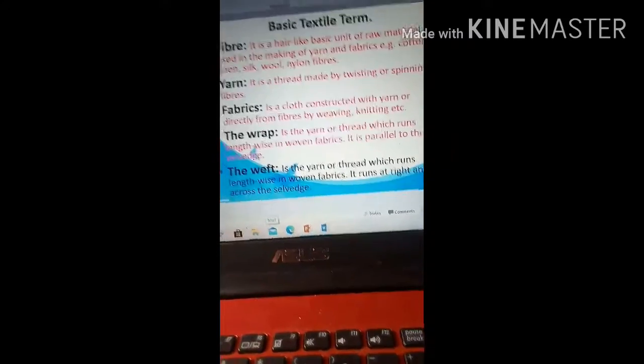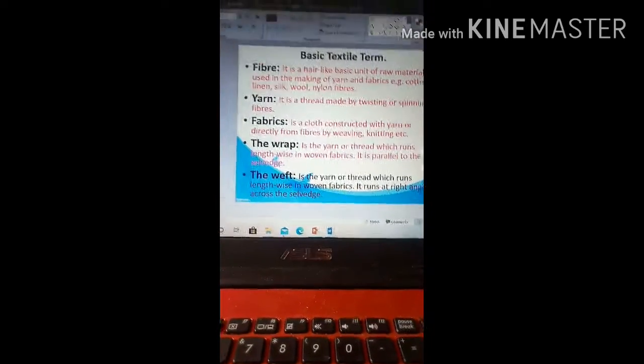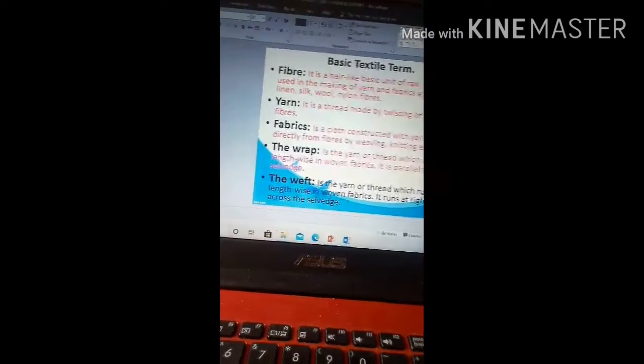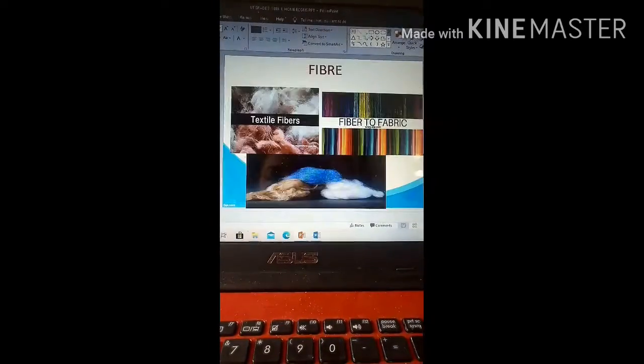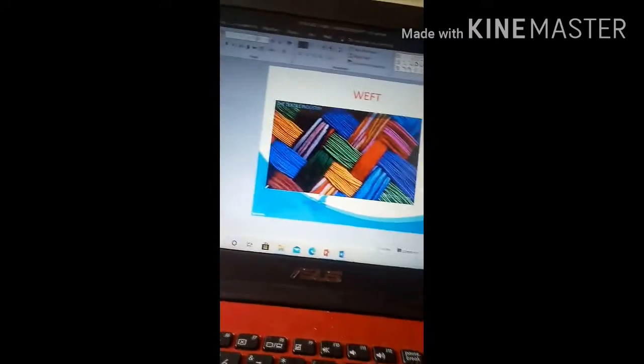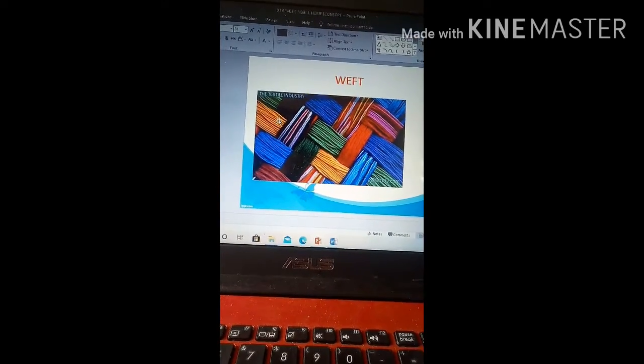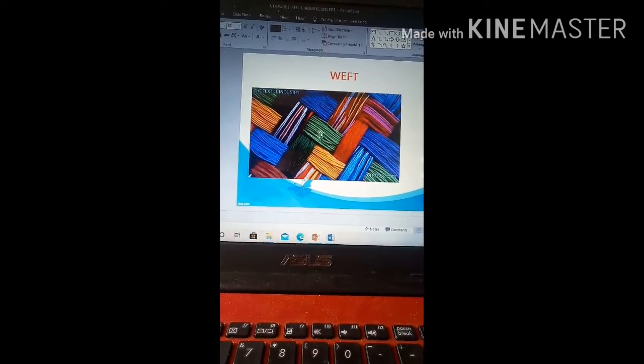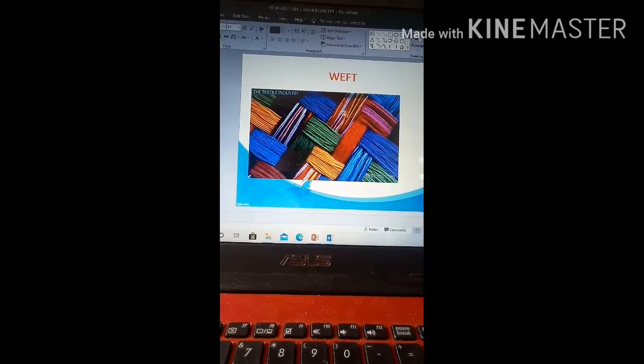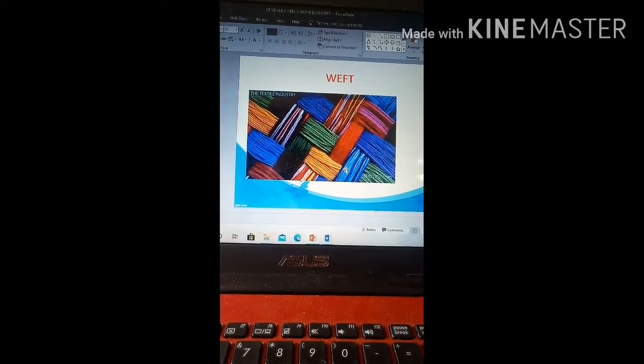It runs at an angle across the selvage. You can see weft. Weft runs at an angle across the fabric. You can see how this thread, this yarn, is running across.